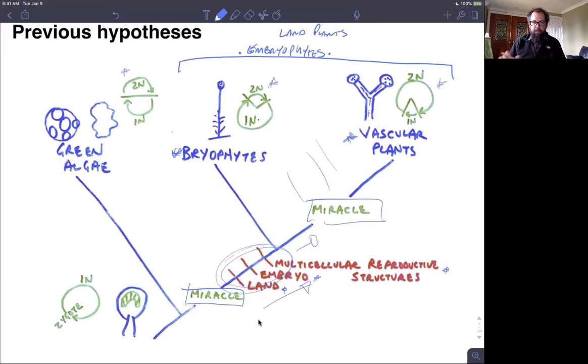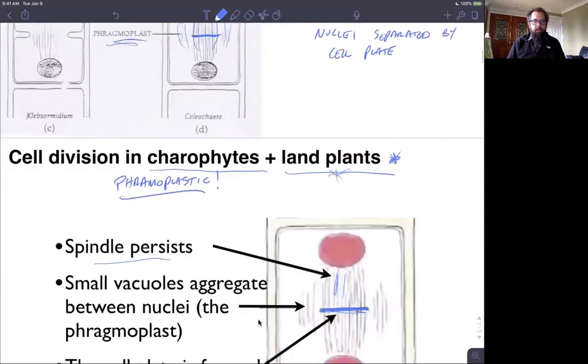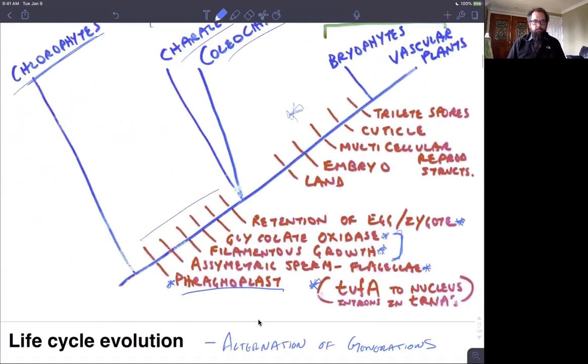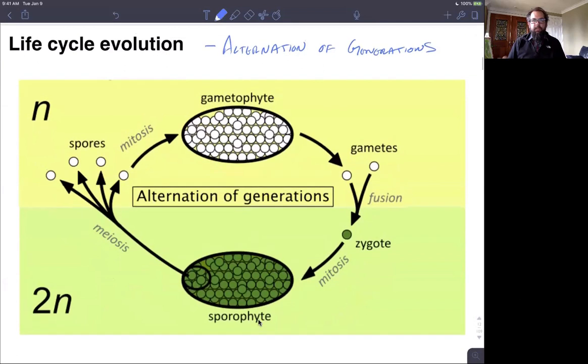And so I just wanted to point that out. I didn't talk about those here, but we'll come back to this idea of how the life cycle has changed in this transition to land, and then even within the land plant groups as well. Okay, but first we need to understand what the alternation of generations is.